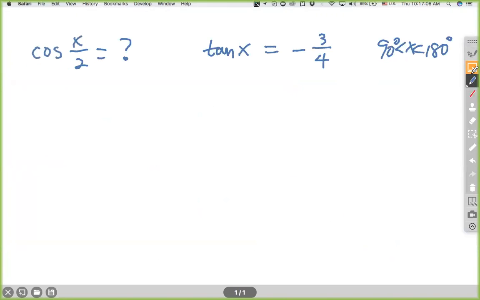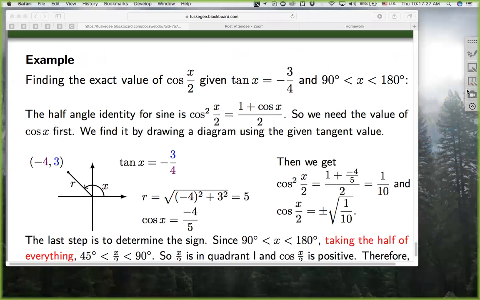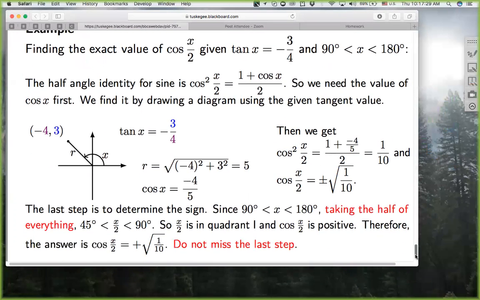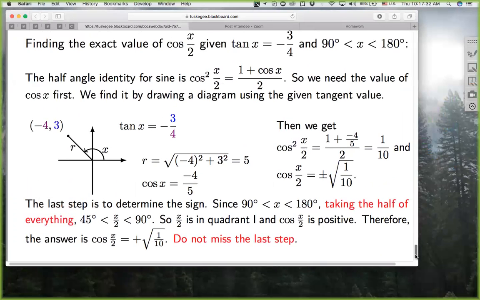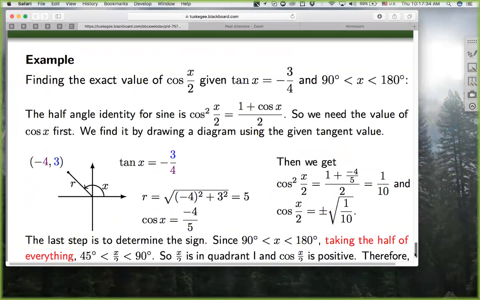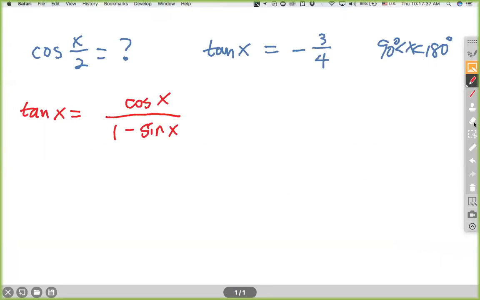So let's write down the formula. Tangent x equals, if I remember correctly, this is cosine x over negative sine x. Let's verify this quickly. Oh, wait a second. We need the cosine formula, sorry.